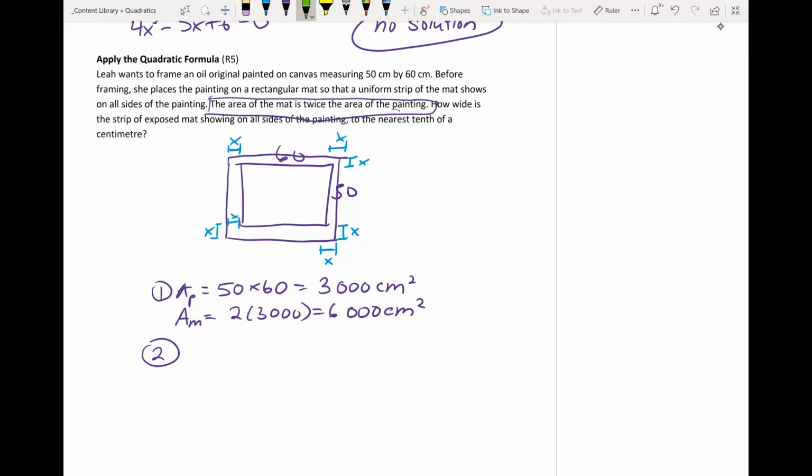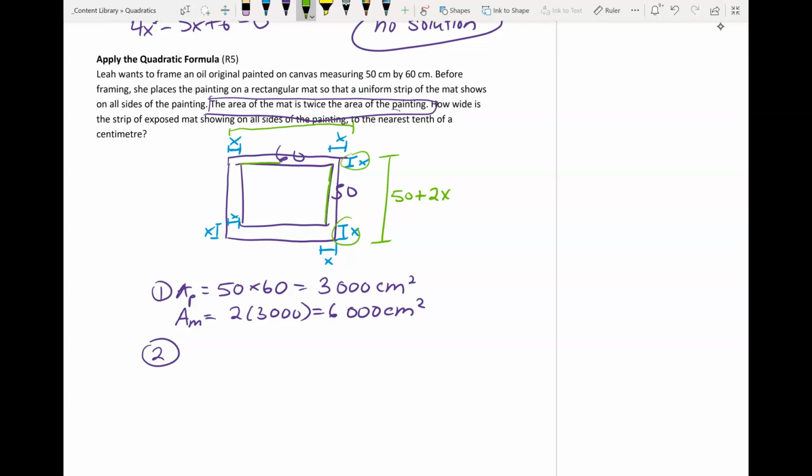If we look at our height or length and your width of a mat, this is going to be 50, because we already know the length of this one here, plus the 2 x's on either side. So plus 2x. We have an x on each side, and we need to add that towards the length. Now for the other one, same sort of thing.